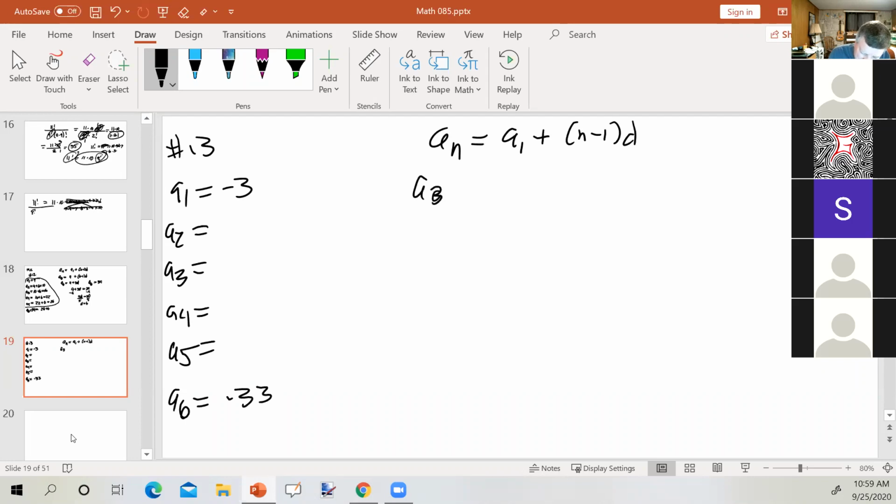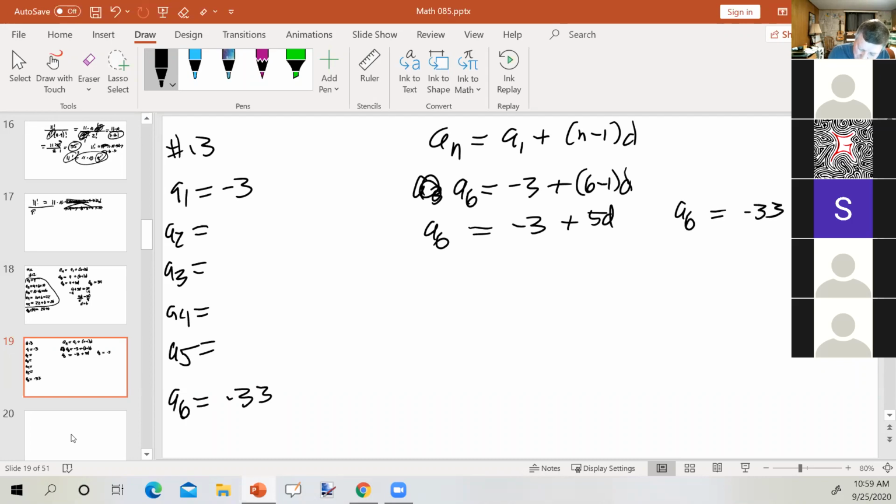A sub 6 equals -3 plus the quantity 6 minus 1 times d. A sub 6 equals -3 plus 5d, but a sub 6 equals -33. So -3 plus 5d equals -33.